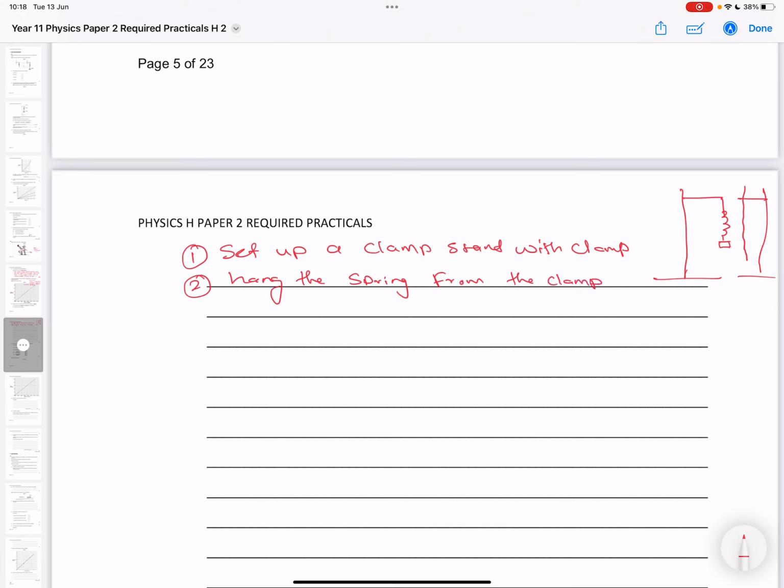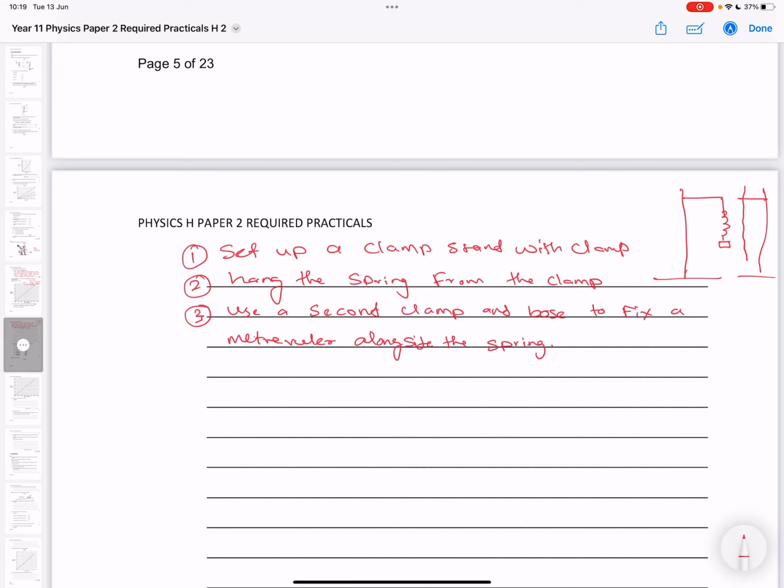After that, you can use a second clamp and a boss to fix a meter ruler alongside the spring.